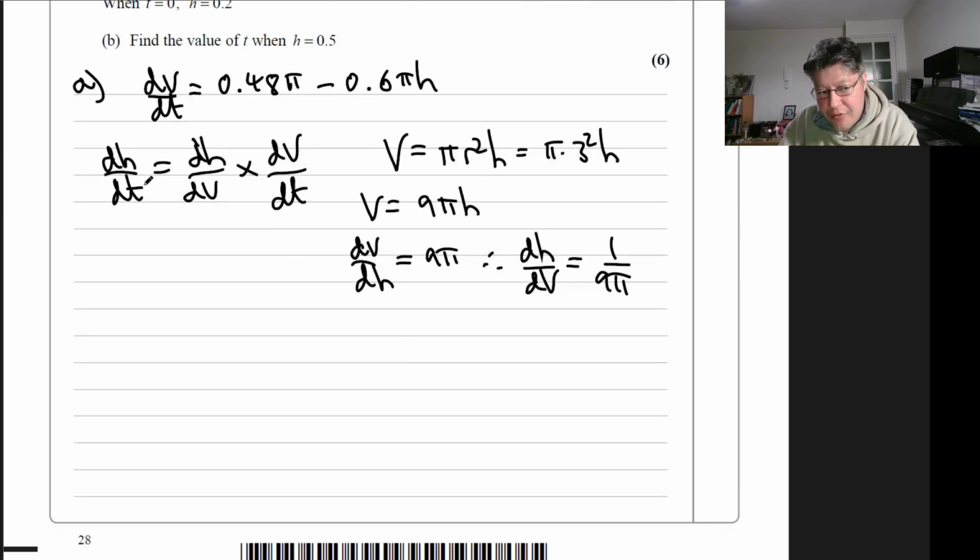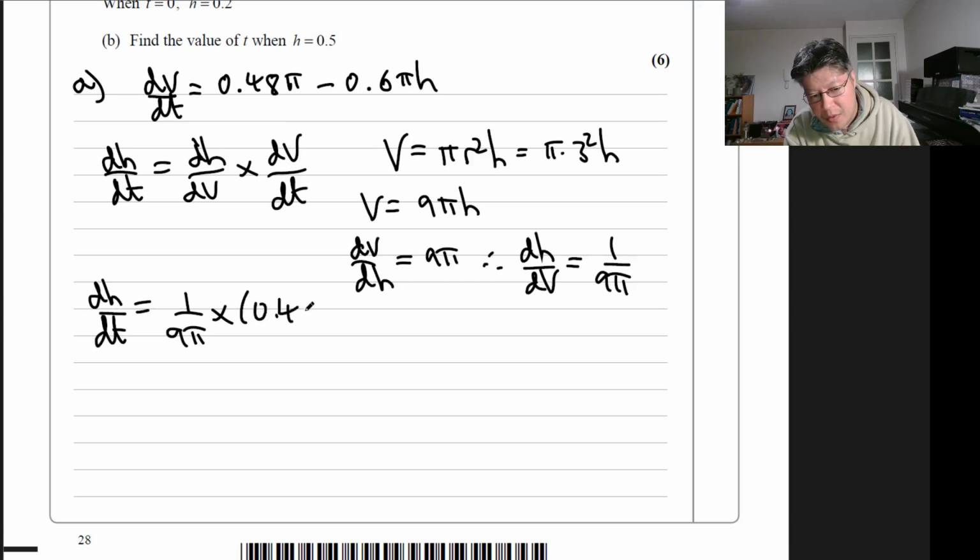So we now have everything we need. We can now just fill this in. So we get dh/dt equals dh/dV, that's 1 over 9 pi, times dV/dt, and that's the information that was given. So that would be times 0.48 pi minus 0.6 pi h. So we'll just simplify this.